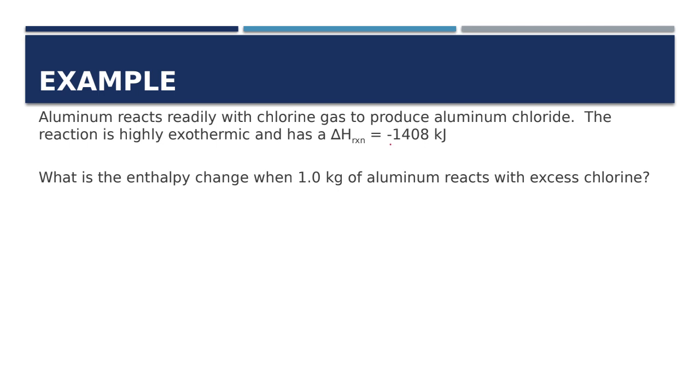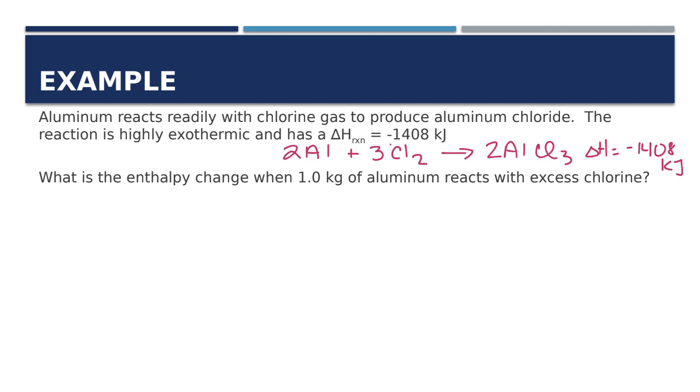So our complete balanced reaction is going to be 2 aluminums reacting with 3 moles of chlorine gas. Oops, let's fix that. Chlorine, Cl2, and then creating 2 moles of aluminum chloride. And again, our enthalpy value for this reaction is negative 1408 kilojoules.